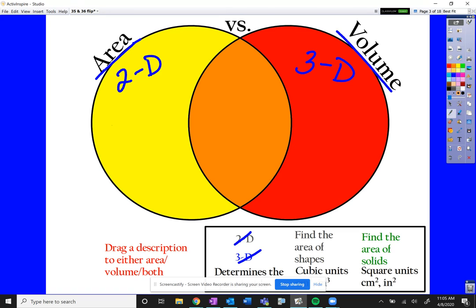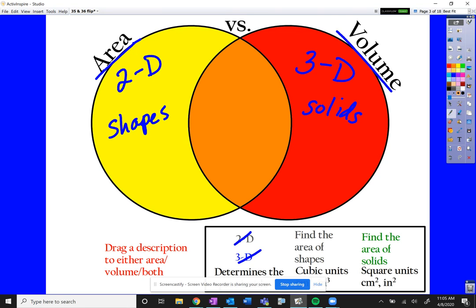Area, of course, has to do with shapes, meaning things that are flat on a piece of paper. And volume has to do with solids, meaning things that you could actually hold, that have three-dimensional weight to them. So like a box, how much stuff can you fit in an actual shoe box? That's three-dimensional. That's called a solid.